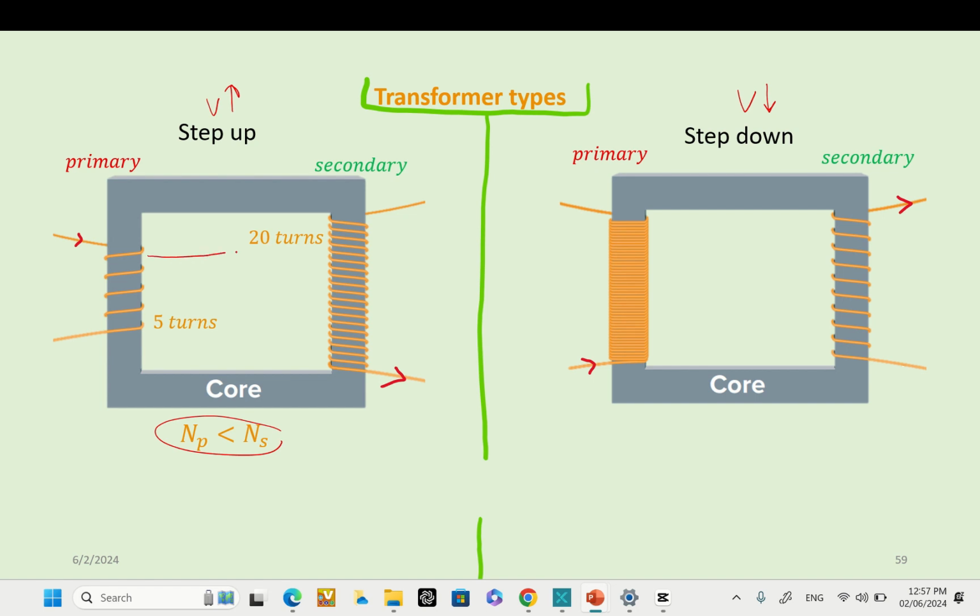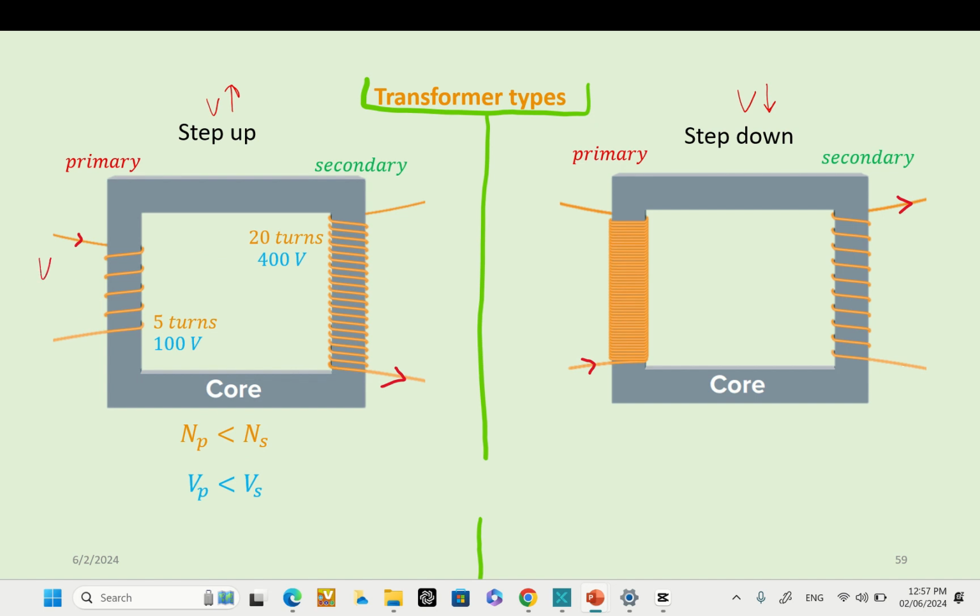You can see that it creates some kind of a portal where the voltage comes from the primary coil, gets magnified and becomes bigger from the secondary coil. So the number of turns on the primary is less than that from the secondary. As a result, the voltage on the primary coil is less than the voltage on the secondary coil. As we said, this is a step-up transformer.